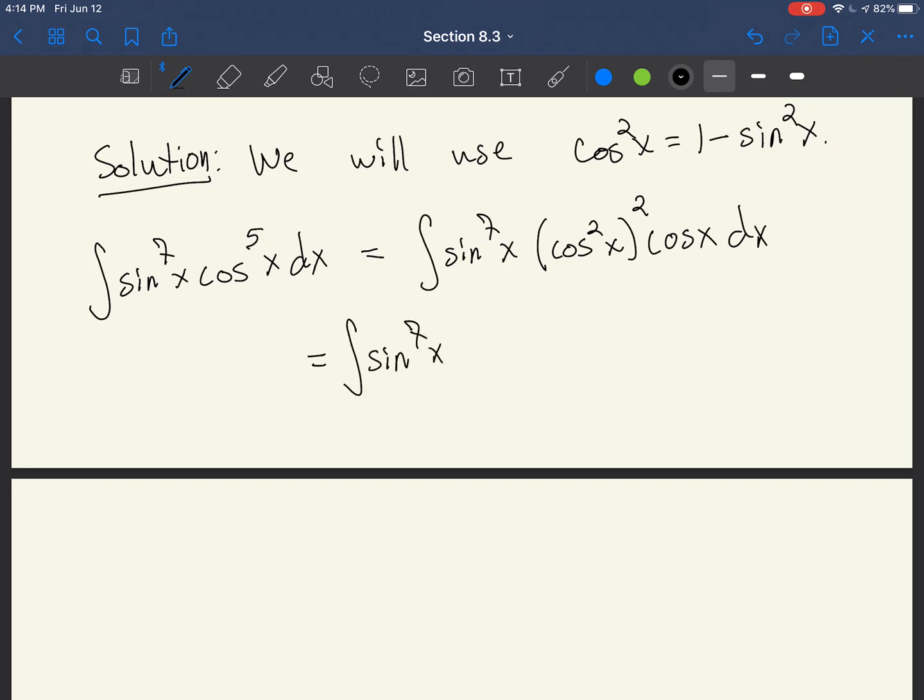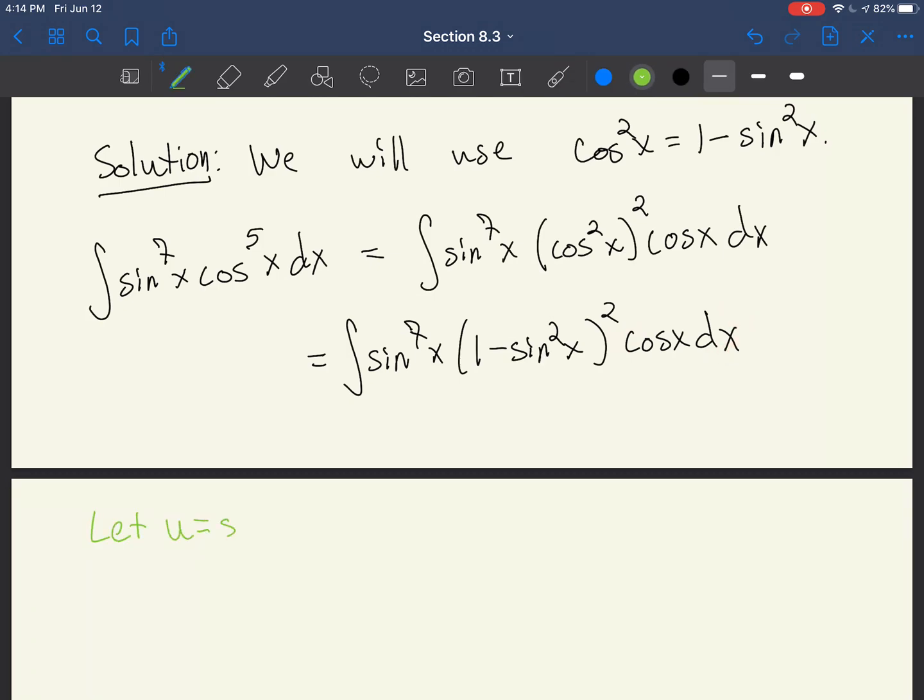Use the trig identity, so we have sine to the 7th x times 1 minus sine squared x squared times cosine x dx. And now that we have only one power of cosine, we want that to be absorbed into the dx.